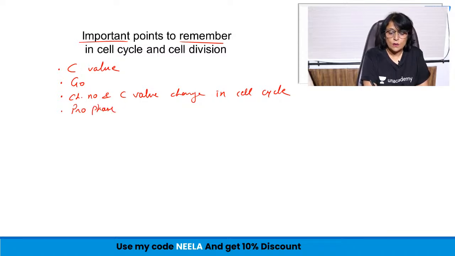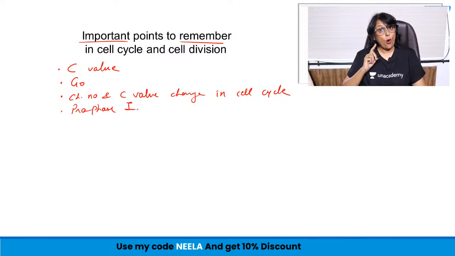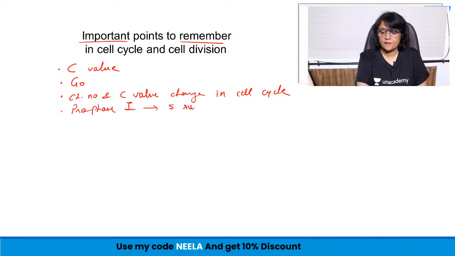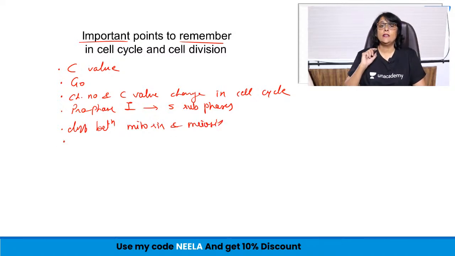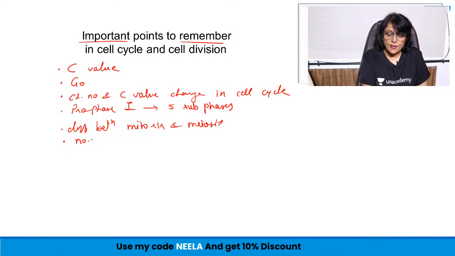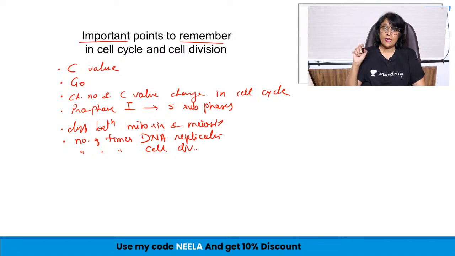Prophase 1, all 5 subphases. Difference between mitosis and meiosis, especially the point where number of times DNA replicates and number of times the cell divides, right?